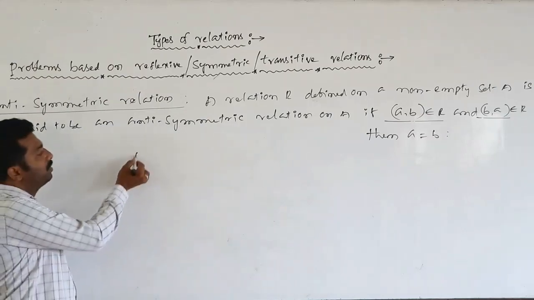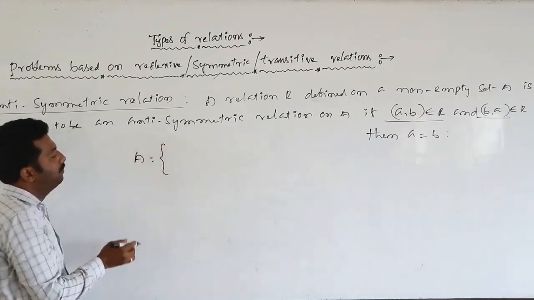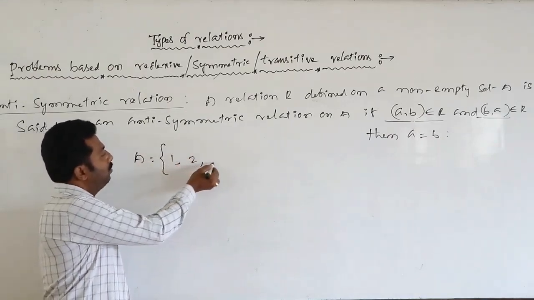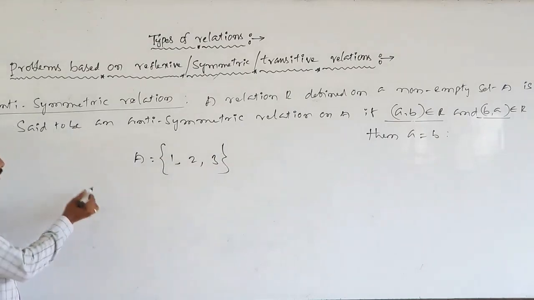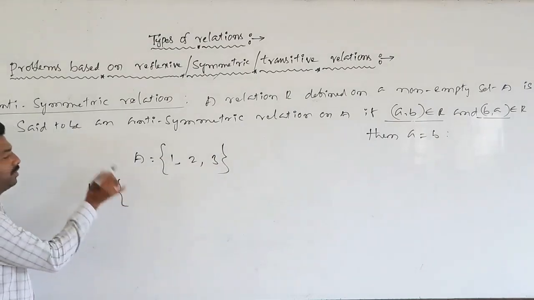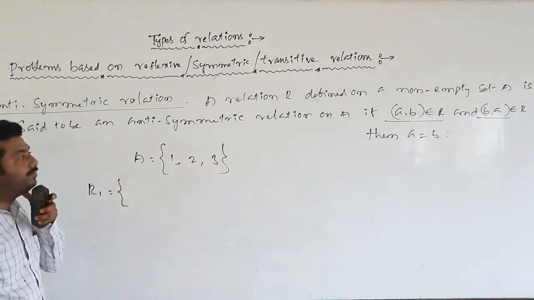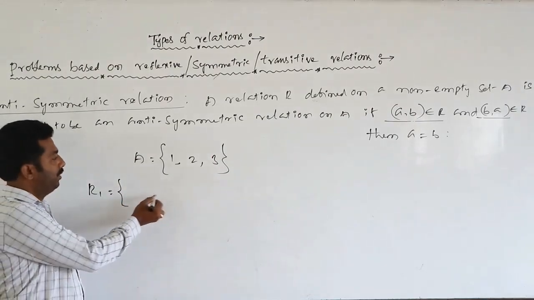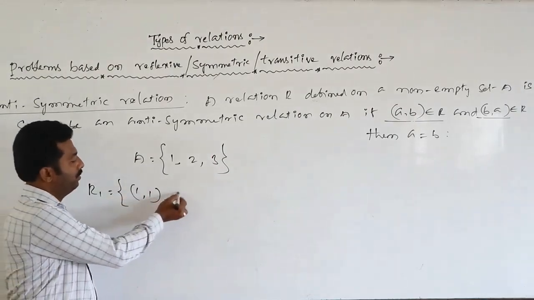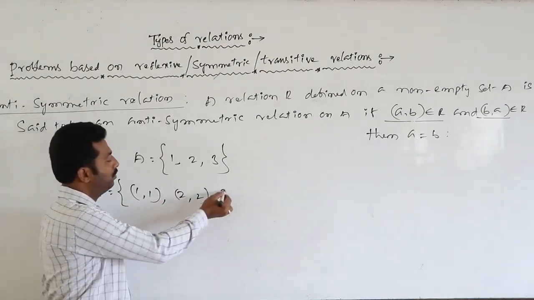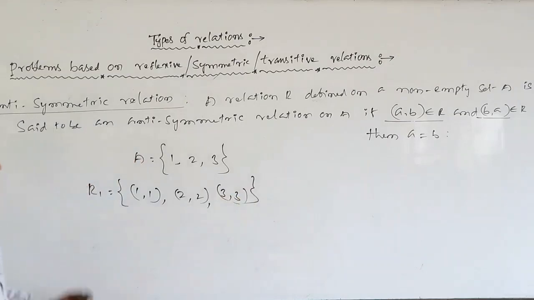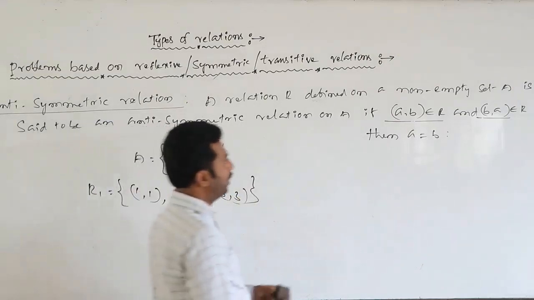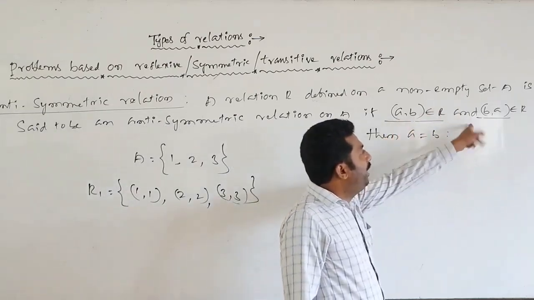One example you observe. Suppose A equal to {1, 2, 3}, one non-empty set we are considering. One relation you observe: what is the relation? (1, 1), (2, 2), (3, 3). Whether this is anti-symmetric or not? What is the anti-symmetric definition? (A, B), (B, A).